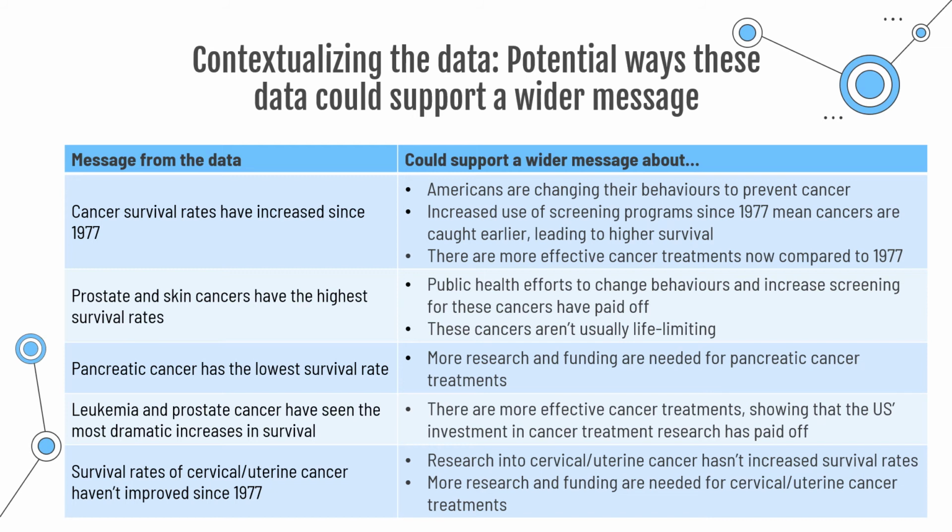So for example, if the message that you want to convey from the data is that cancer survival rates have increased since 1977, this data could be used to support a broader story that Americans are changing their behaviors to prevent cancer, or Americans are using screening programs more since 1977, meaning that cancers are caught earlier and more people are then surviving the cancer.